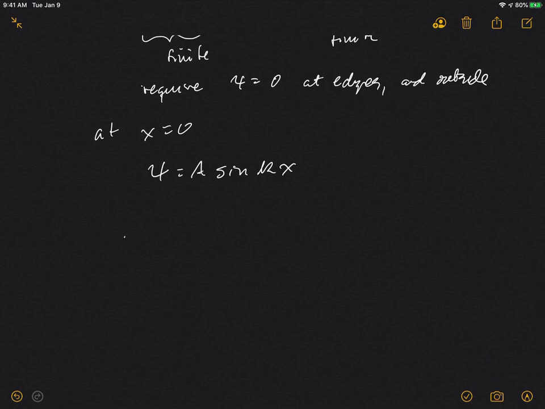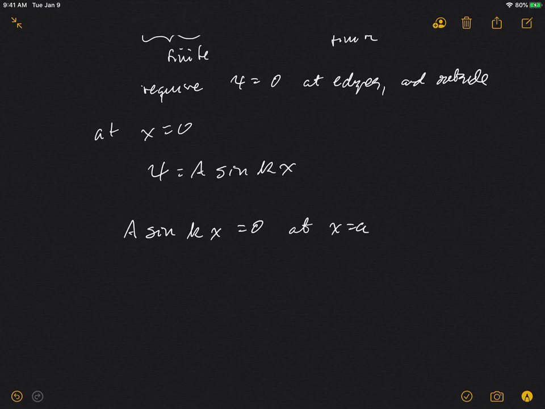So we also have that a times sine kx, where a is just some constant that we haven't determined yet, is equal to 0 at x equals a.